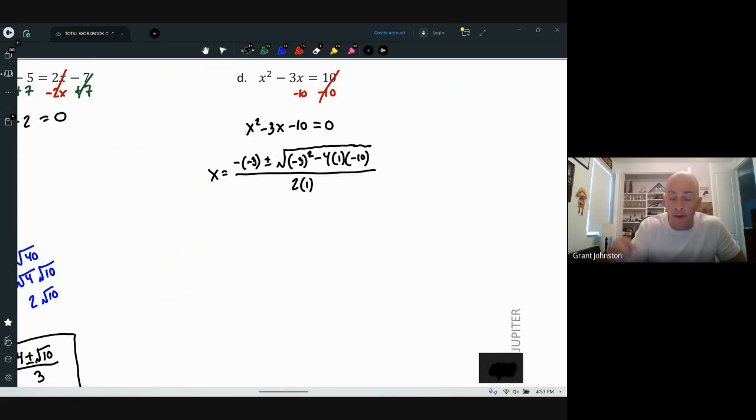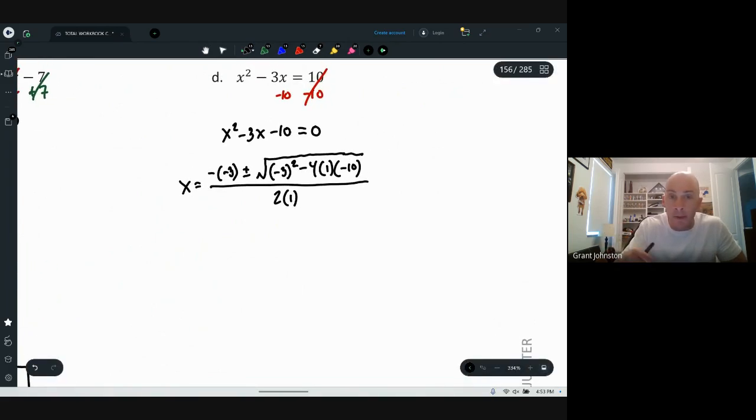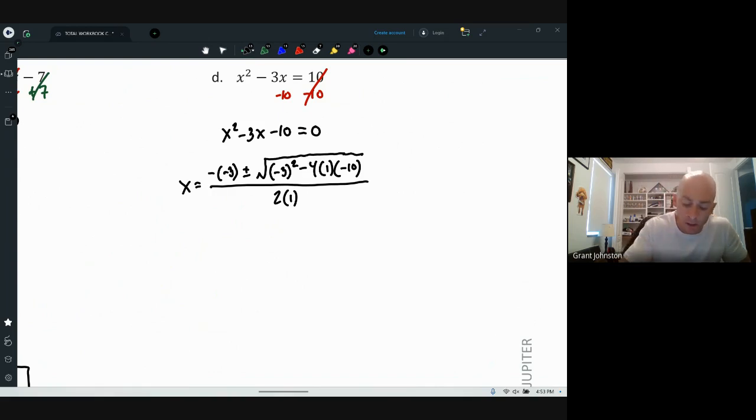A would be 1 on this one, -3 would be b, and -10 would be c. So -(-3) is +3. -3 squared is 9. -4 times 1 is -4. -4 times -10, that's +40.